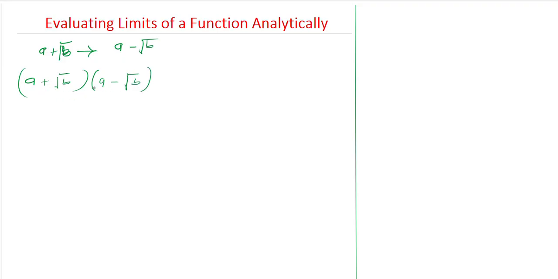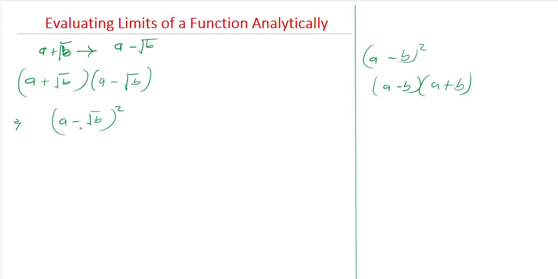We'll see that this is in the form of difference of squares, because a squared minus b squared is a minus b multiply a plus b. So this can be written as a squared minus root b squared.